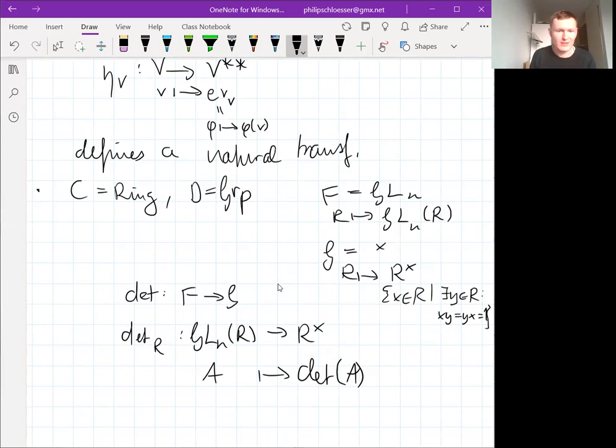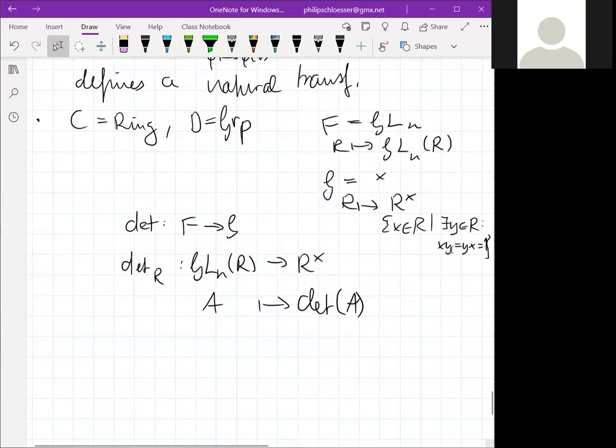I'm just saying that if you think of R to be the real numbers or the complex numbers, the formula for the determinant is the same, and it always maps GL_n(R) or GL_n(C) to an invertible number, a non-zero number, either in R or in C. Okay.